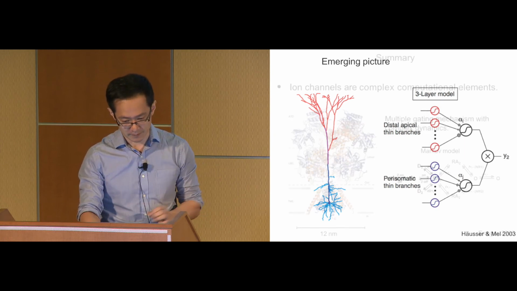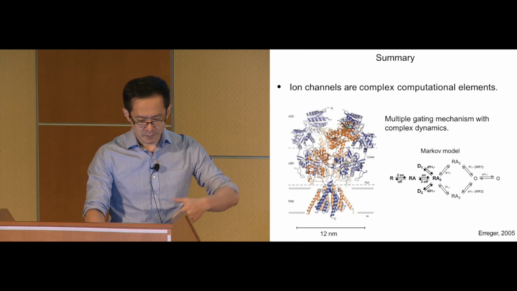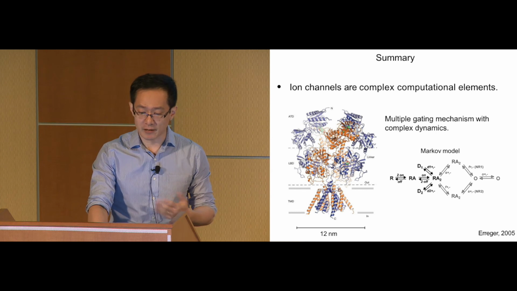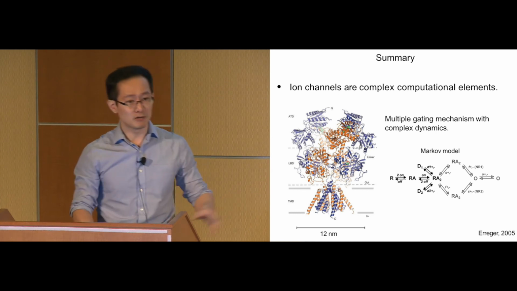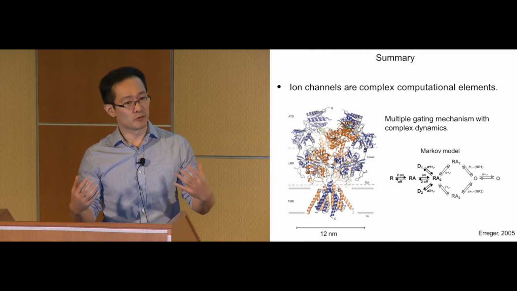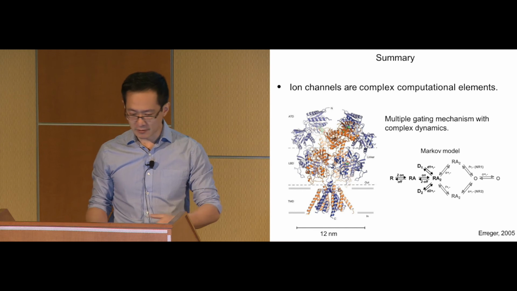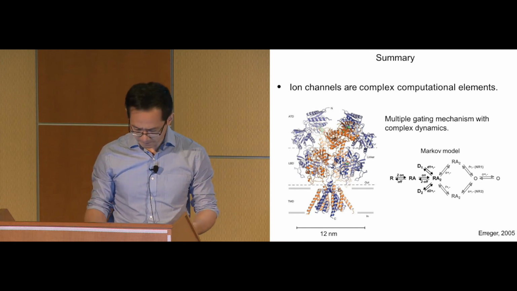So at last, my conclusion is, ion channels are very complex computational machines. It's only around 10 nanometers. It contains many, many domains. It uses all the forces nature gives it: salt bridges, hydrogen bonds, ions.